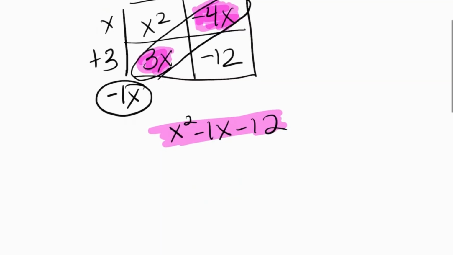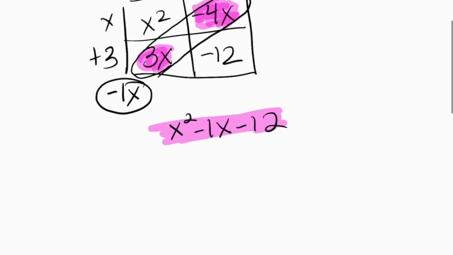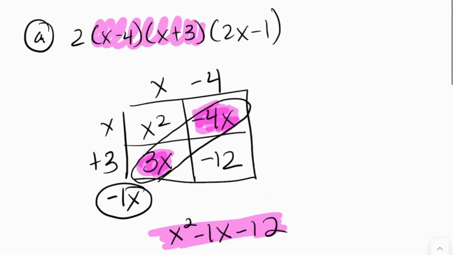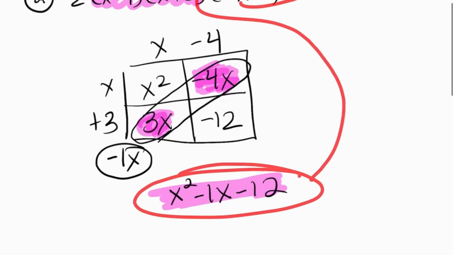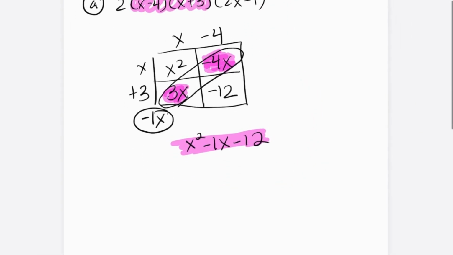Now, we take that new trinomial, because there's 3 terms in there, and we multiply it by the next factor, which is 2x minus 1. So I'm going to take this trinomial, and I'm going to multiply it by 2x minus 1. So let's go ahead and make a new Punnett square here.